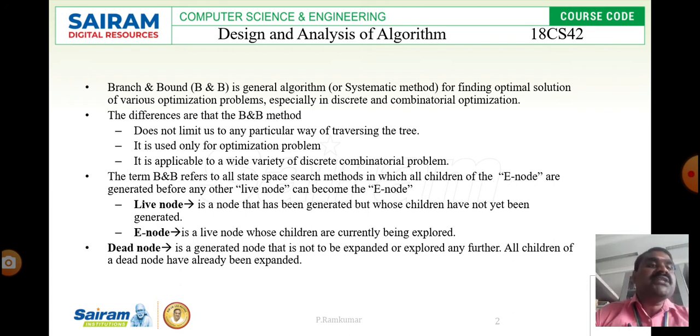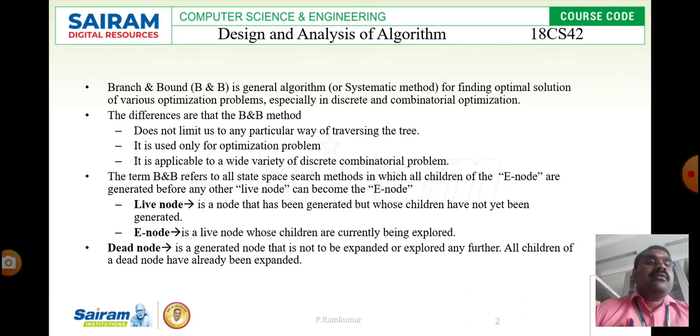The main objective of this algorithm is to identify an optimal solution for an optimization problem, where the problem can be either a discrete or a combinatorial problem. It can be used with any sort of traversing method, that is, either we can go with DFS or we can go with BFS.